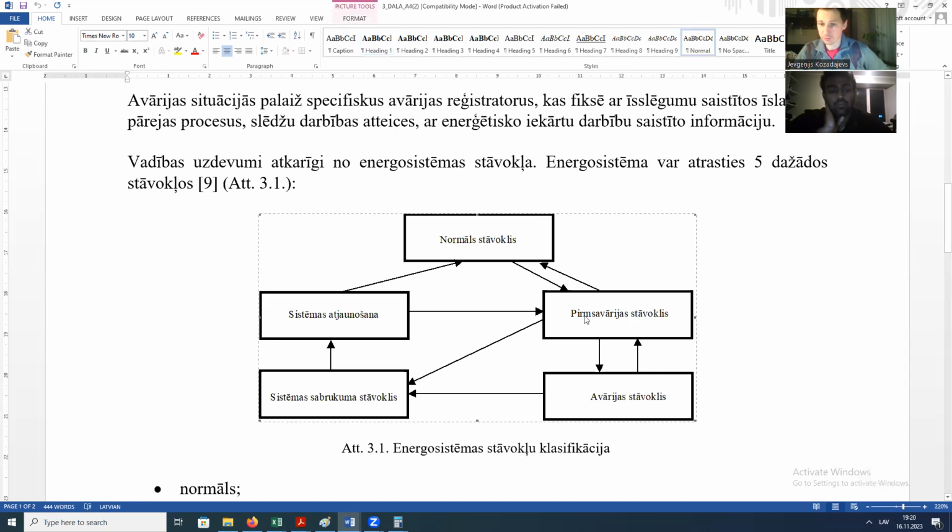What does it mean, pre-fault regime? It means that the system keeps dealing with everything, so it continues normal operation, but it is in a dangerous condition.